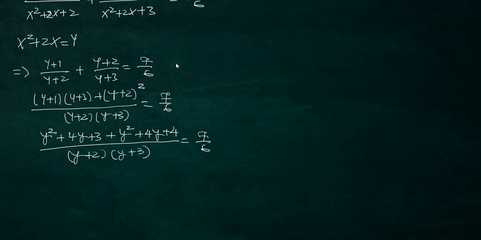So guys, now let's simplify this. We're gonna have then 2y squared here, and 4y plus 4y, we're gonna have plus 8y here.